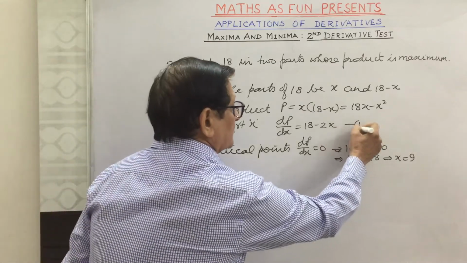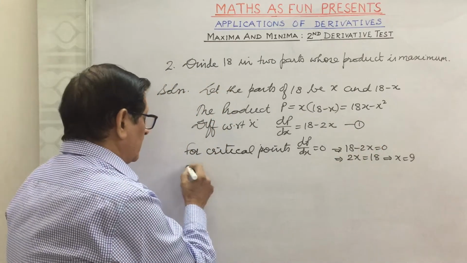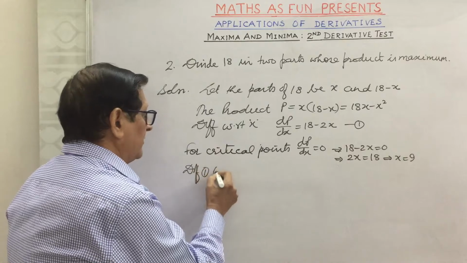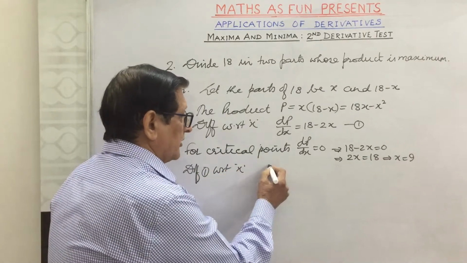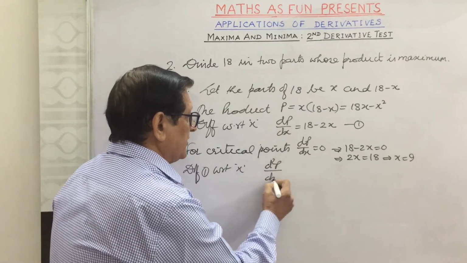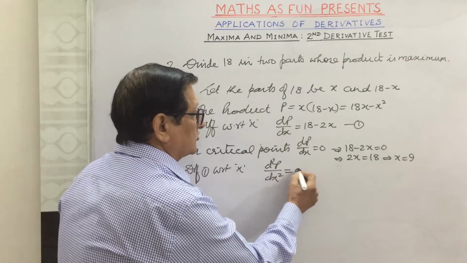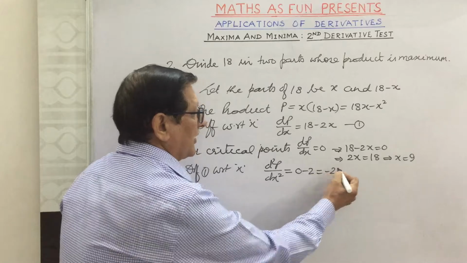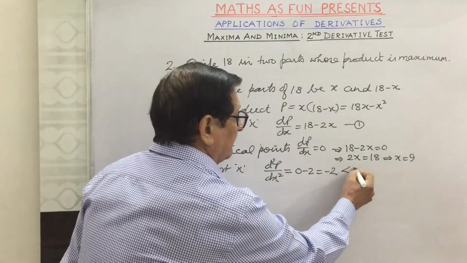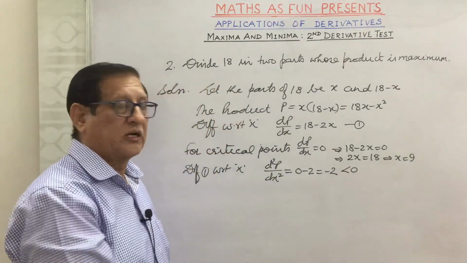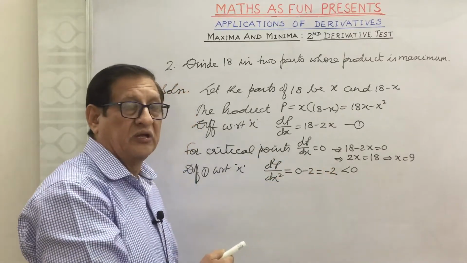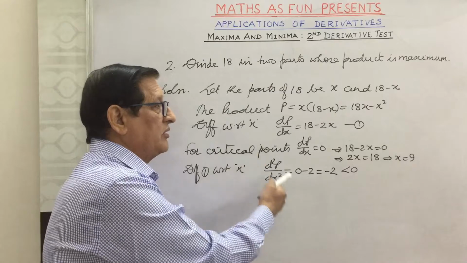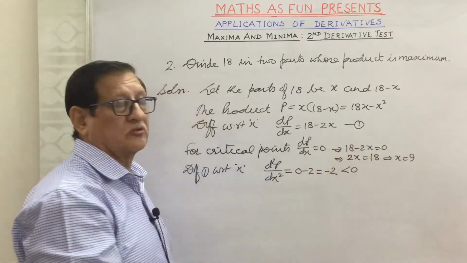So we can write this as 1, and now differentiating 1 with respect to x, we get d2P by dx square equal to 0 minus 2, that is minus 2, which is negative or less than 0. It means we are finding the second derivative is negative. It means P will be maximum at x is equal to 9.